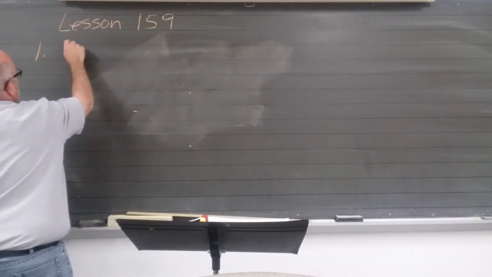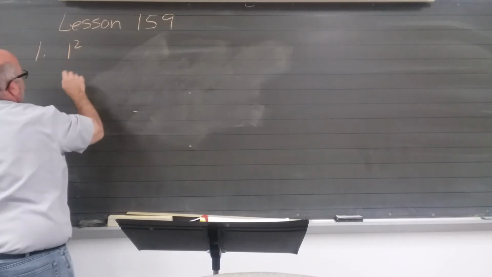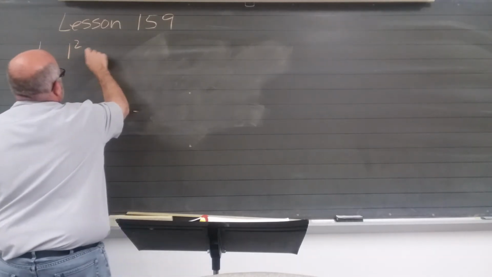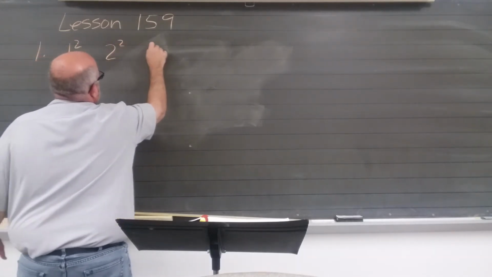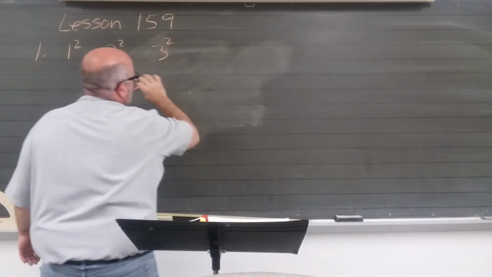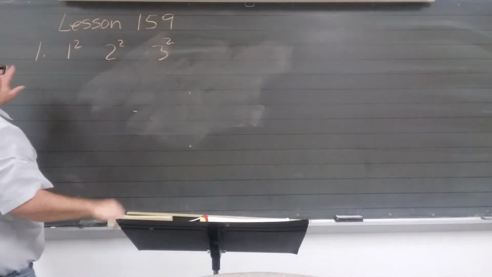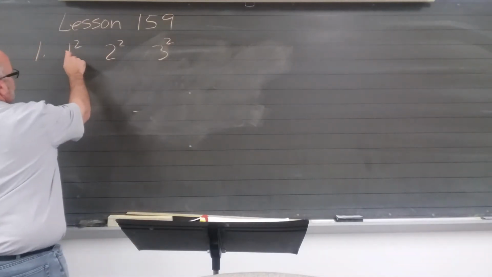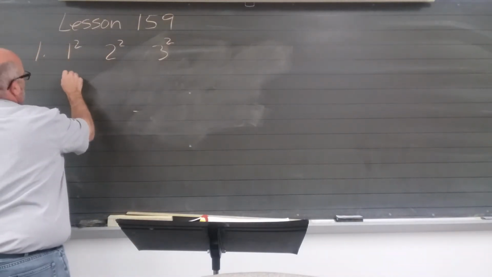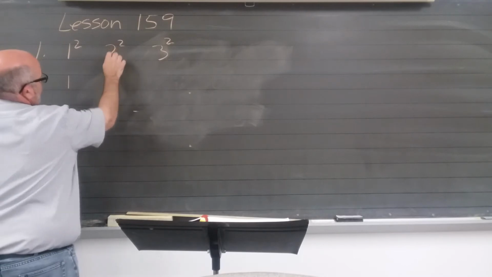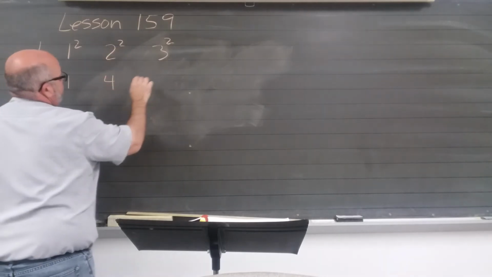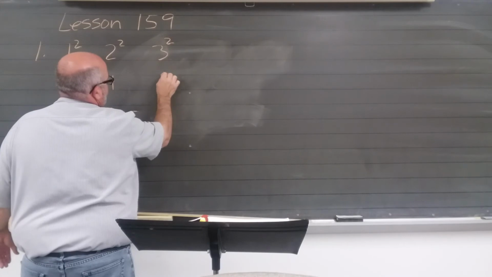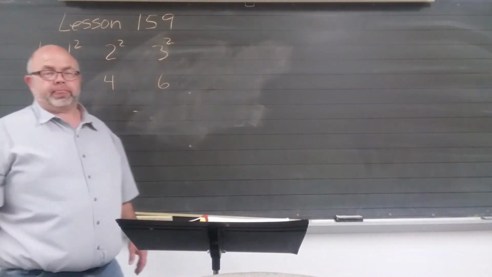Number 1, you have 1 squared, 2 squared, 3 squared. All right? So for number 1, you don't have to recopy this. Just give the answers. This is 1 times 1, 1. 2 times 2, 4. 3 times 2, 6, right?